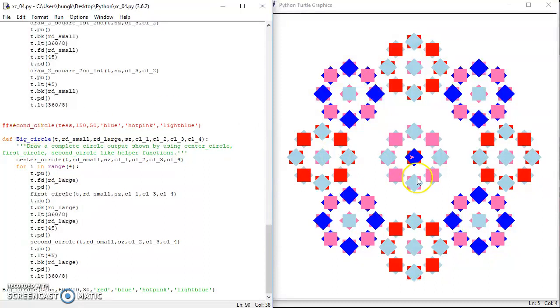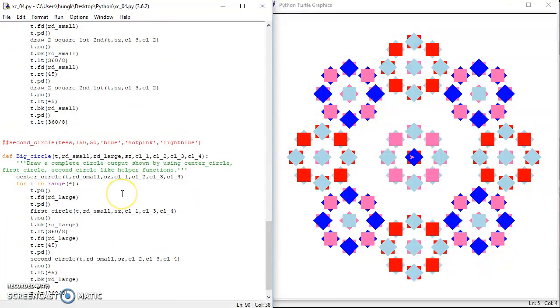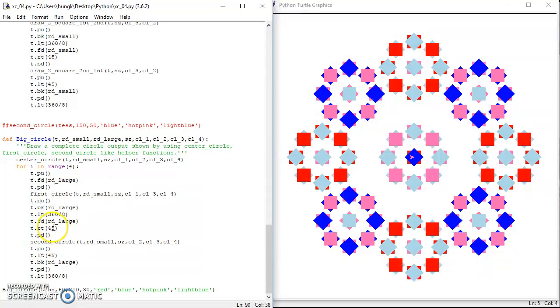And besides, we draw the small square, the double square. We draw the small center circle in the center, and then start to draw another one, the same thing that we do for the second circle, the first circle, and center circle.